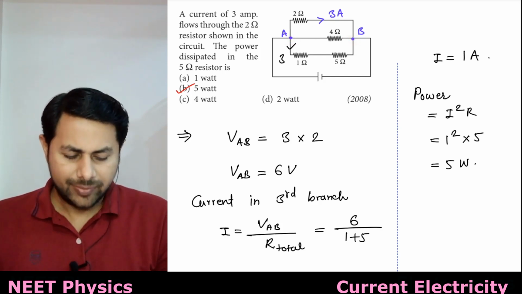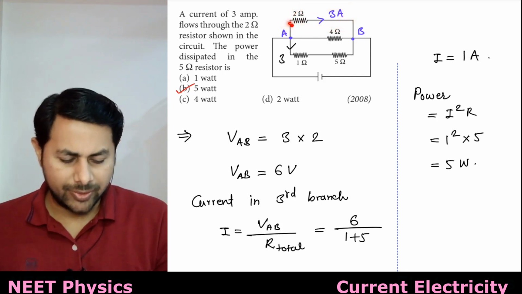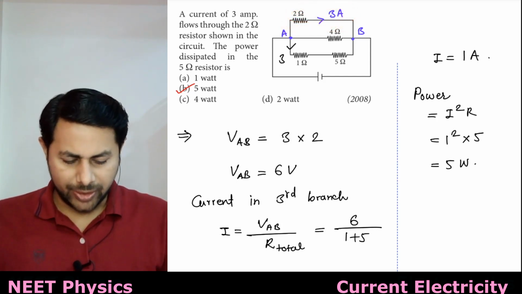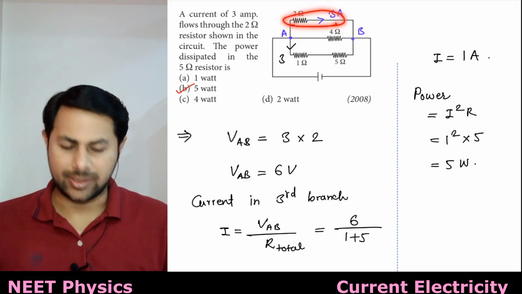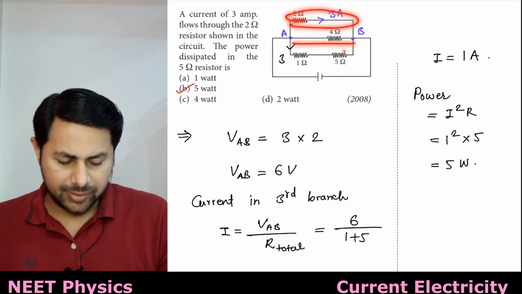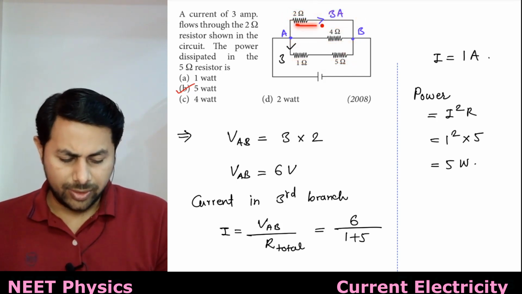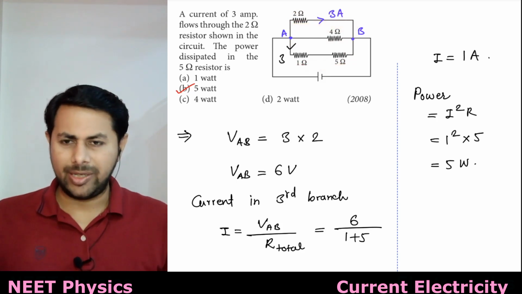What's given? The current in this one is given, so from that we can find out the voltage, the potential difference in this resistor. Then we see that all of them are in parallel combination. There are 3 branches, so the potential difference in all of them will be equal.